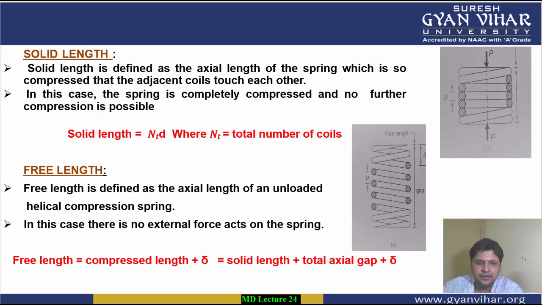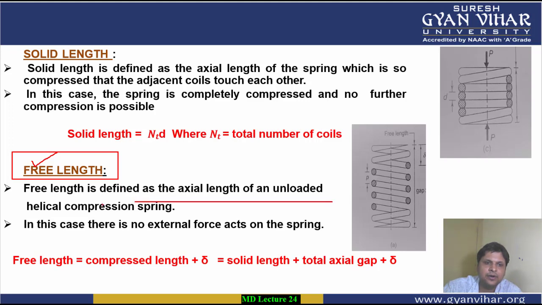Then the next term that is of very much importance is the solid length. Now what is solid length and what is free length? First of all, we will have to see what is free length, then only we can understand the solid length. Free length, as the name itself suggests, is defined as the axial length of an unloaded helical compression spring.